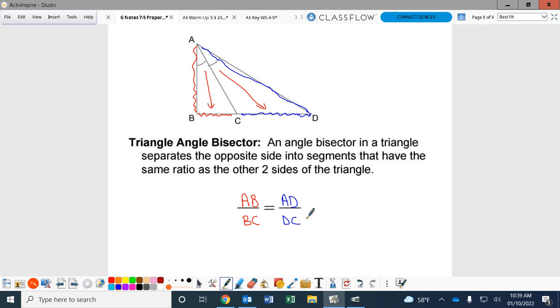Okay? So if I just sat here and had a problem, it would just be this number, the AB, over this number, the BC, and then the AD number over the DC number. We're good? Got it? Okay, here we go.